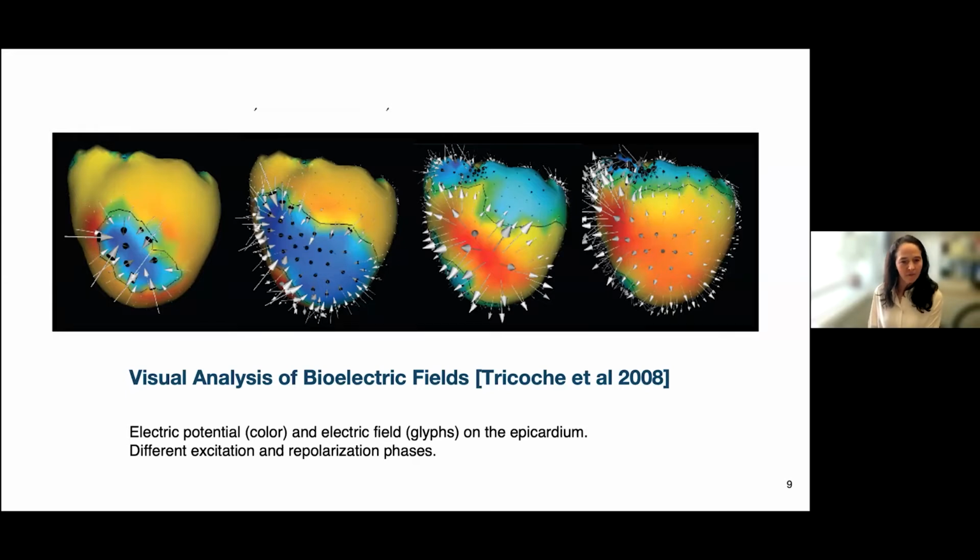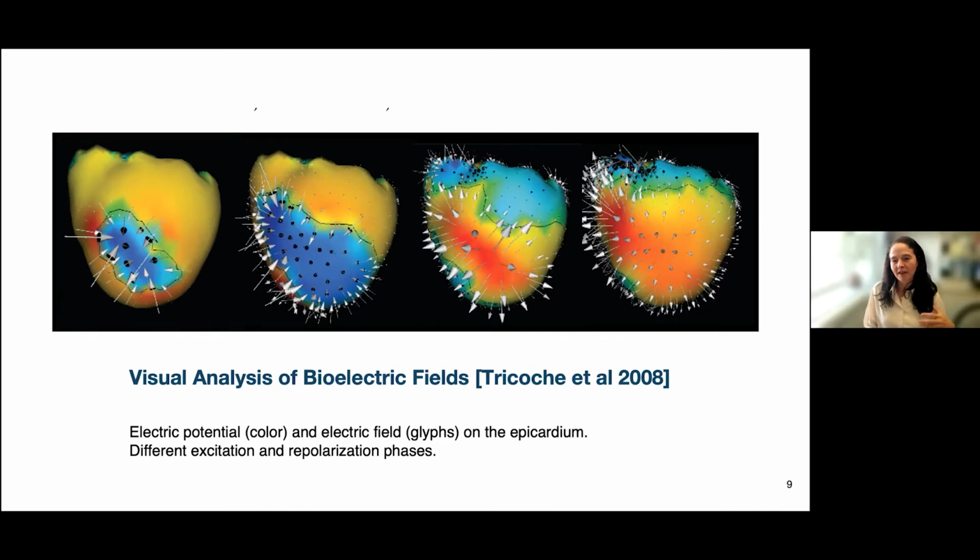Here's an example for electric field visualization in the heart. The advantage of this glyph visualization is that it leaves a lot of space to use other visualization methods to encode other data. As here, for example, the color is used to show the electric potential, and the glyphs just give you an idea about the electric field.